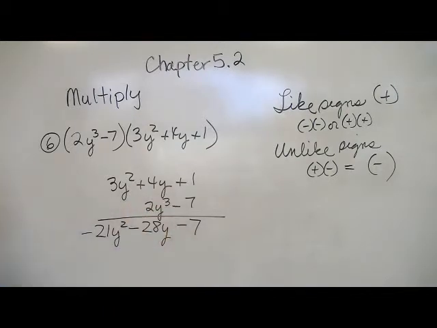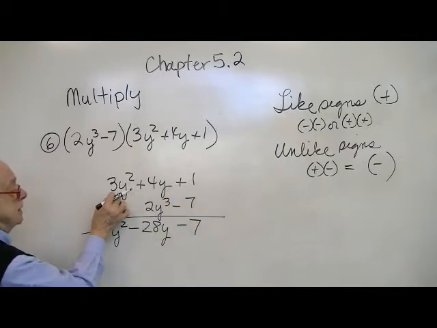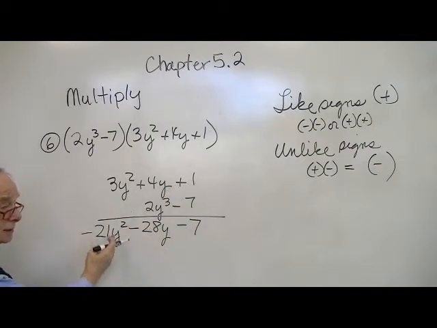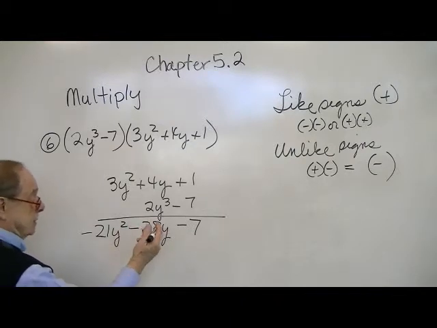Okay. Now this next one, it's critical because we're going to take this term and multiply it by each of these. But when we get our results, we want to put it in like term columns. I have plenty of room over here because I'm not going to end up with any like terms. So again, a good thing to set it up this way.